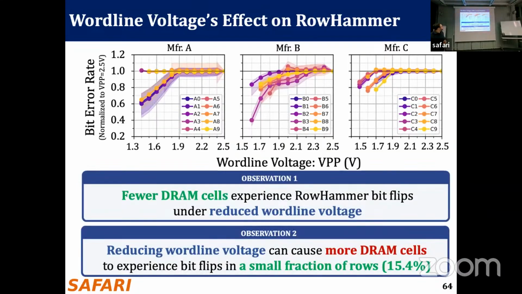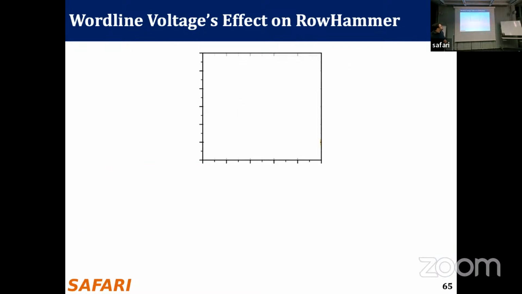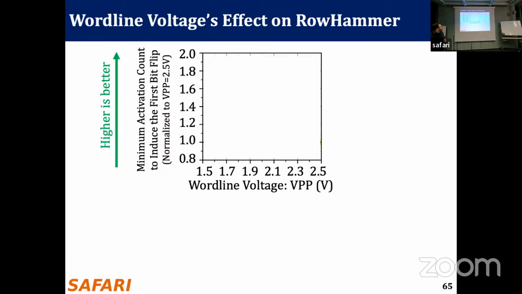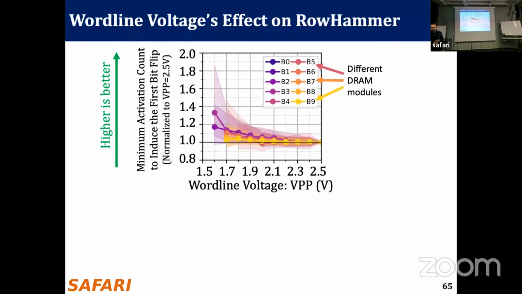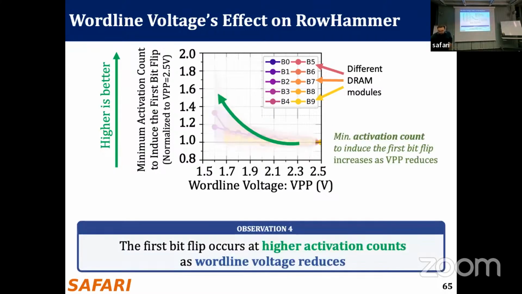The next thing is, again with varying wordline voltage, we look at the minimum activation count to induce the first bit flip. In this case, higher is better, because when we need a higher number of activations, it becomes harder to induce these bit flips. Again, different curves identify different DRAM modules, and the variation is across DRAM rows.